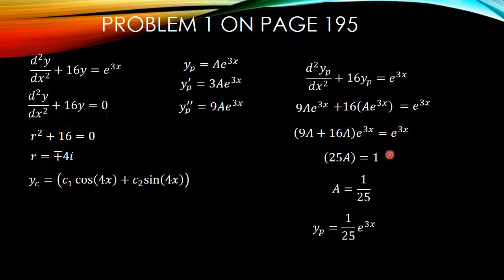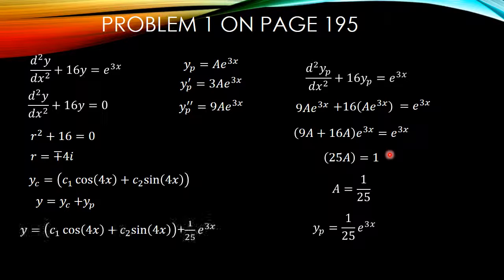So my particular solution is 1 over 25 times e to the 3x. And so my actual solution will be the complementary solution plus my particular solution, which would be this. Now, if I had some initial conditions for this problem, I could plug them in and find the coefficients C1 and C2.